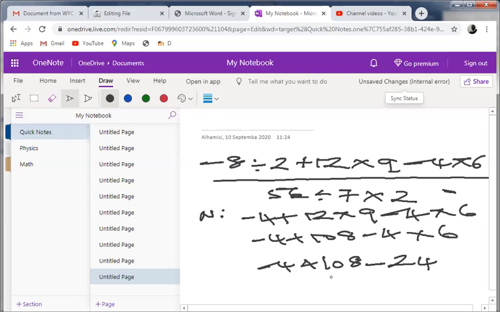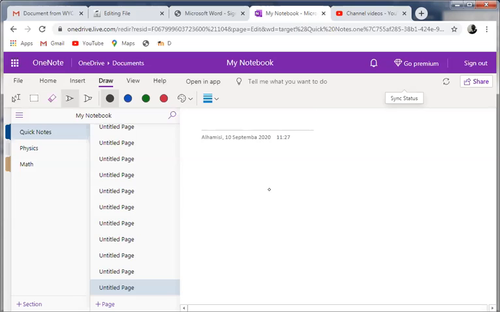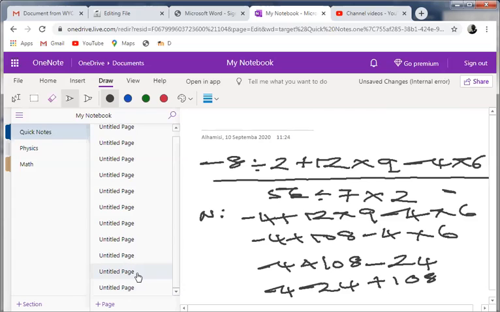Because this is negative and this is negative, we can put them together: negative 4 minus 24 plus 108. I've simply put the negatives together. Negative 4 minus 24 is the same as negative 28. Remember, if you minus 4, then you minus 24, in total you have minus 28.